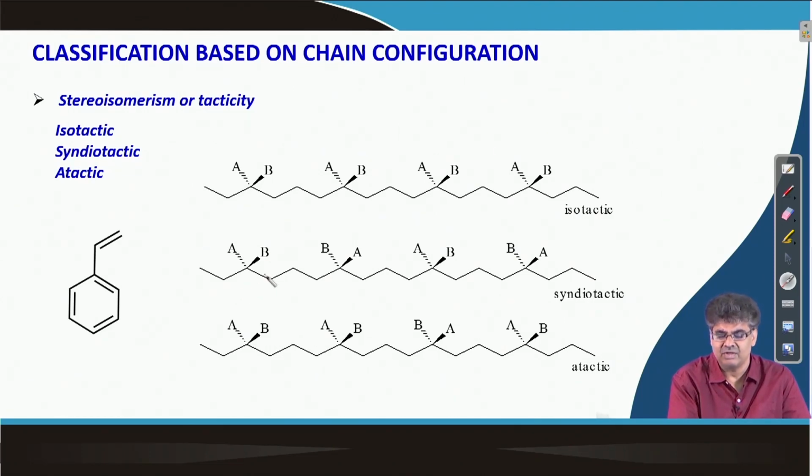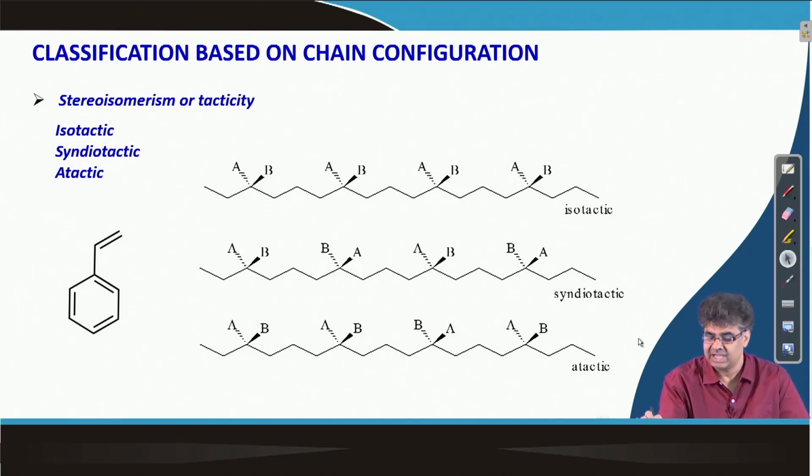If they alternate as shown in this case, we have syndiotactic. And if there is no particular order, and the conformations around these chiral or asymmetric carbon atoms are randomly oriented, we call these atactic polymers. So, if every carbon atom has the same asymmetric arrangement, it is isotactic; if they alternate, syndiotactic; and if randomly arranged, we have atactic polymers.